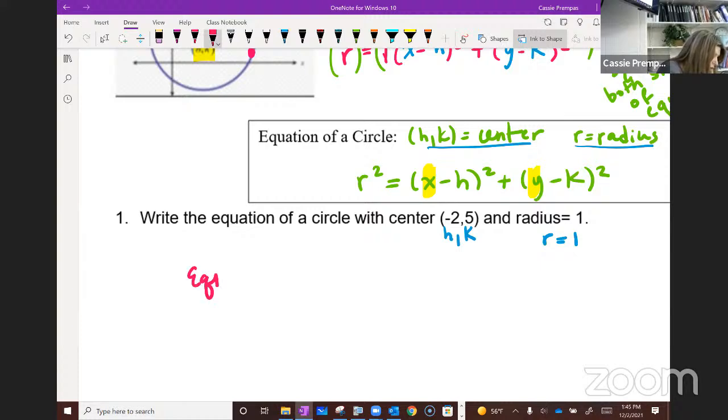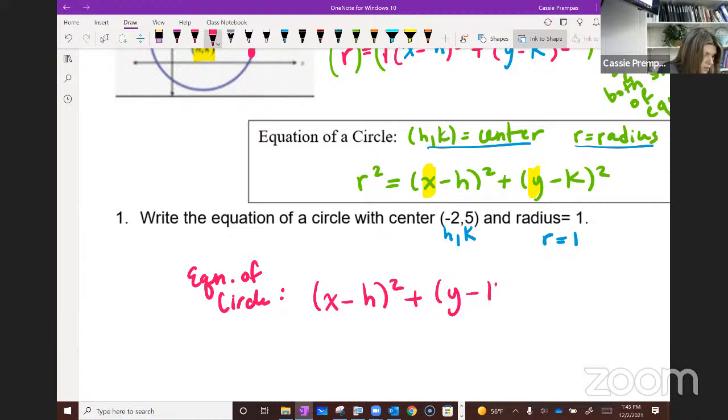Again, research shows that the more you write with your pencil, the better it's committed to your memory. In fact, I'm going to flip it around because that's the way it's typically shown in textbooks. It would be quantity x minus h squared plus quantity y minus k squared is equal to r squared.